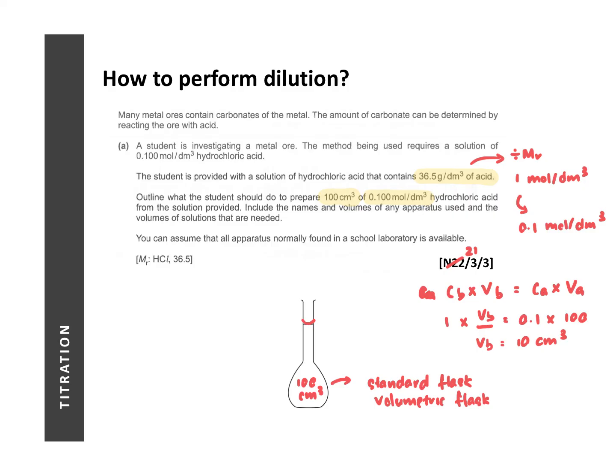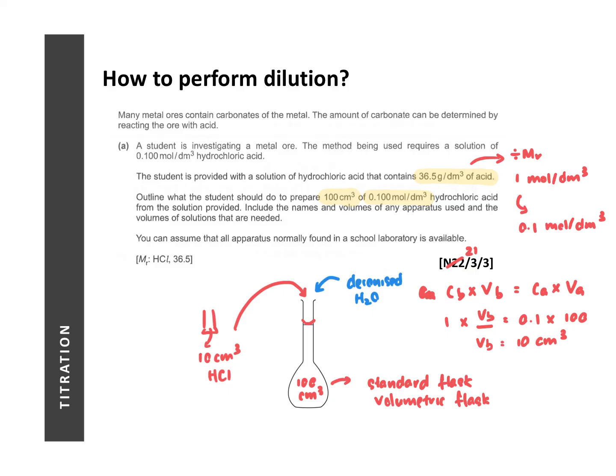So how do we make use of this to perform a dilution? First we can use a measuring cylinder to measure out 10 centimeter cube of your hydrochloric acid, and then we add this 10 centimeter cube into the volumetric flask, and then we top up with water or deionized water until the total volume reaches that thin line along the neck.